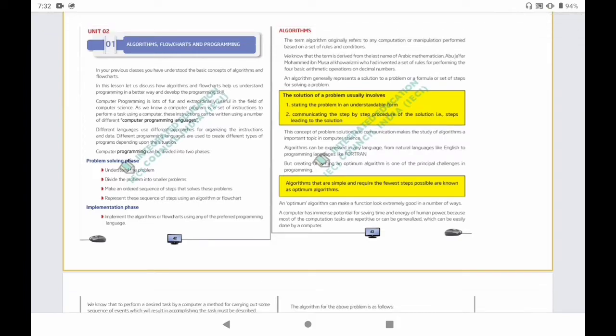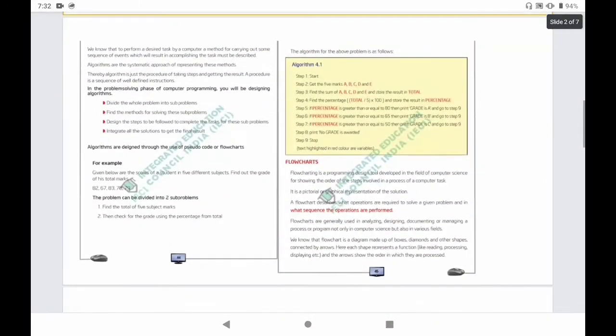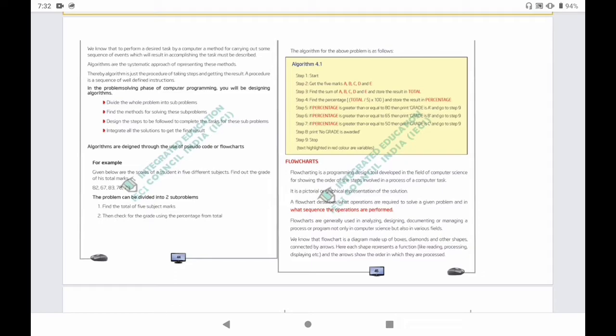Just because most of the computational tasks are repetitive or can be generalized, which can be easily done by the computer. If the same question is given to a particular person, then he will take some more time than the computer. This is a real-time example that you already know about. Then we can move to the next slide.